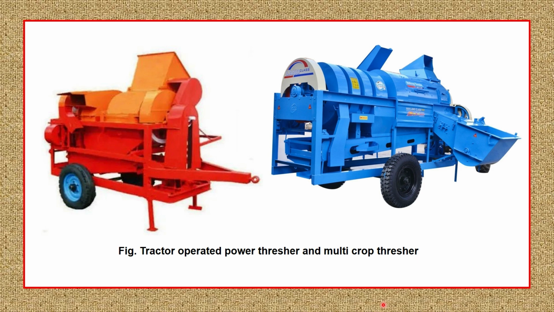Any power thresher may be converted into a multi-crop thresher just by changing the type of sieves used according to the type of crop for which you are going to use this machine, and by adjusting the rotor speed, I mean threshing cylinder speed, the clearance between the threshing cylinder and concave, changing the number of sieves and the size of opening of the sieve, and adjusting the blower speed.